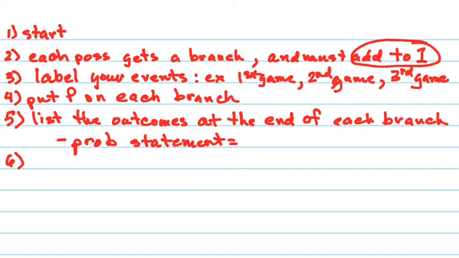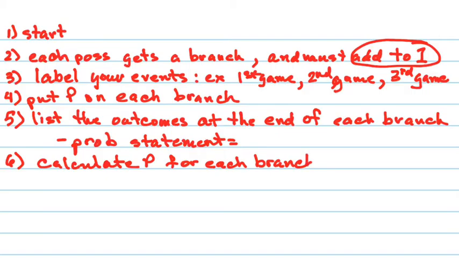Now, 6. Calculate probability for each branch. And again, if you're following the branches, all you're going to do is follow the branches. And if you're following a branch, that's always an and statement.